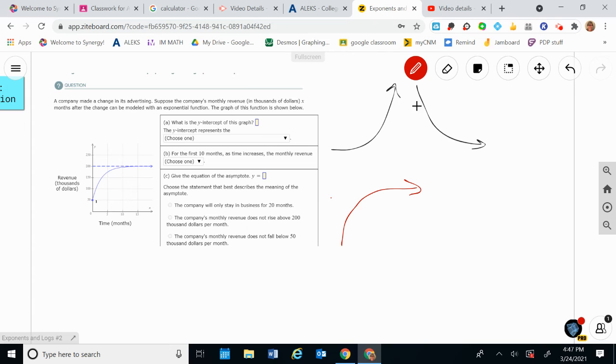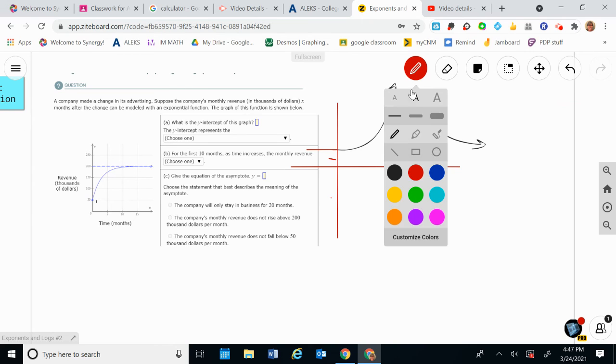Basically, if you imagine them being reflected over the x-axis, it kind of looks like that. It actually goes like this. Like this is the xy axis, you guys. The logs actually come up above.